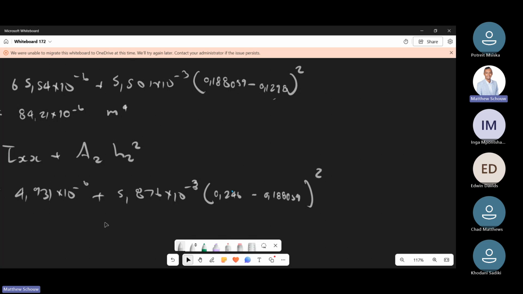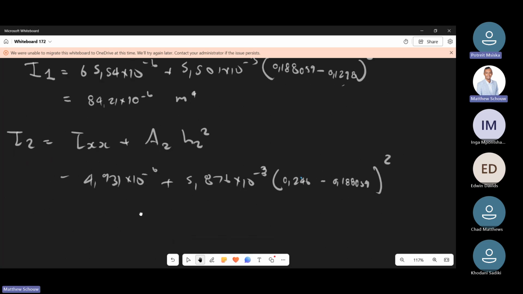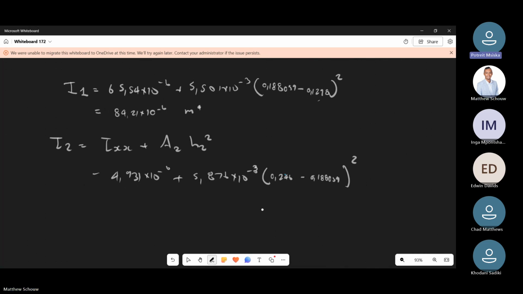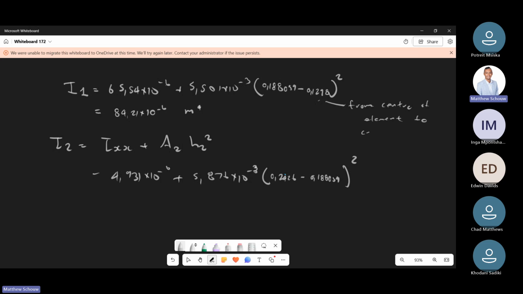It was 242.6, okay. Again, this is the distance from the center of the element to the center of the assembly. I don't know if it helps.